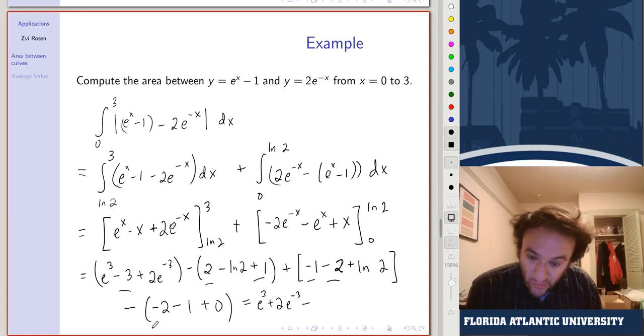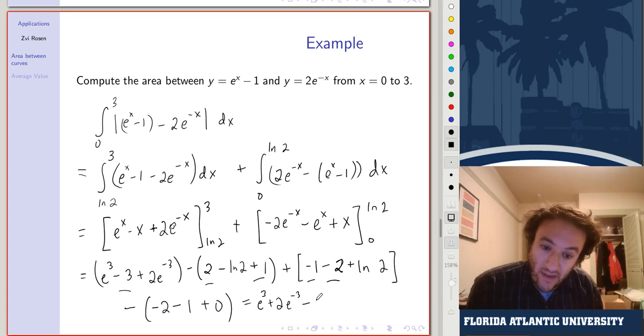Oh, and we have some more constants here, plus 2 plus 1, so that's minus 6. And then we have plus 2 ln 2.